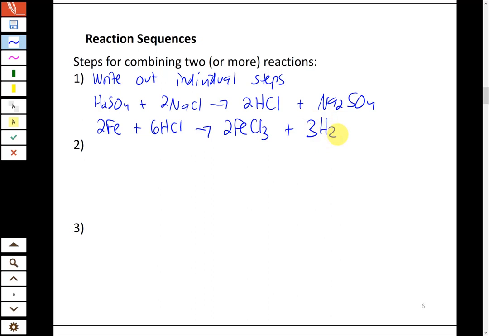So if we want to figure out how to add these two equations together to get rid of all intermediates, what we notice is that HCl is formed in the first reaction and consumed in the second reaction. And so if we're trying to add these together to get rid of that intermediate so that it's totally balanced out and we don't have HCl appearing anymore as a reactant or product, we have to adjust the coefficients to ensure that that cancels out.